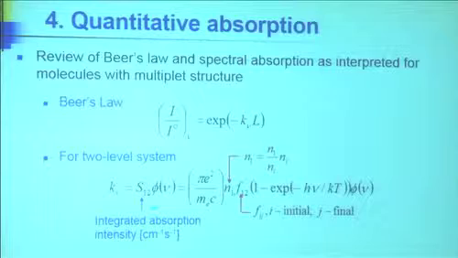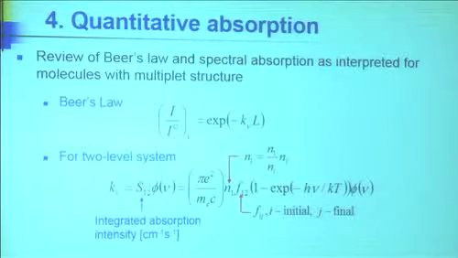Here's my line shape. Now I'm going to rewrite S this way in terms of the oscillator strength. This is a number. This is the number density in level I, number per unit volume in level I. The oscillator strength is a number. This is a 1 minus term, which is usually 1. That's K. I need to know S and I need to know phi.